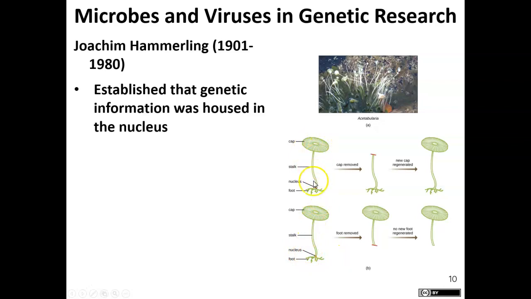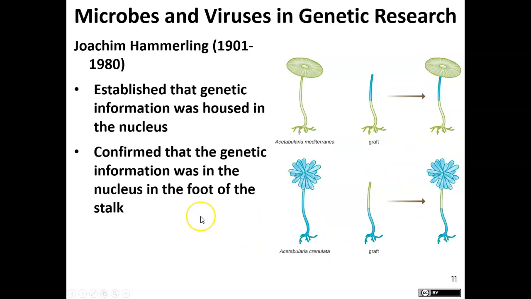But if he removed the cap, there was still a nucleus. And if the cap was removed, the cap could regenerate. If the foot was removed, the foot did not regenerate. So this is how he established that the nucleus was the house of genetic information to allow for reproduction of cells.